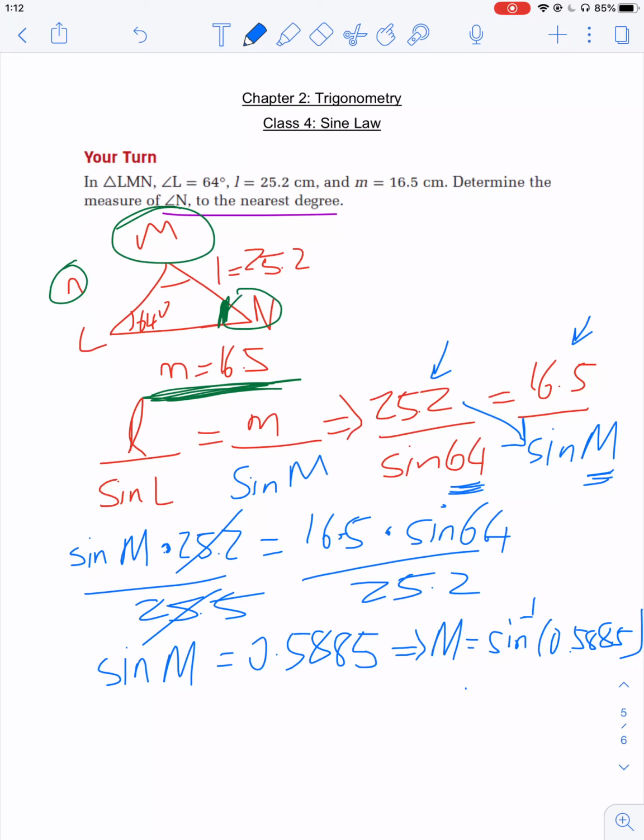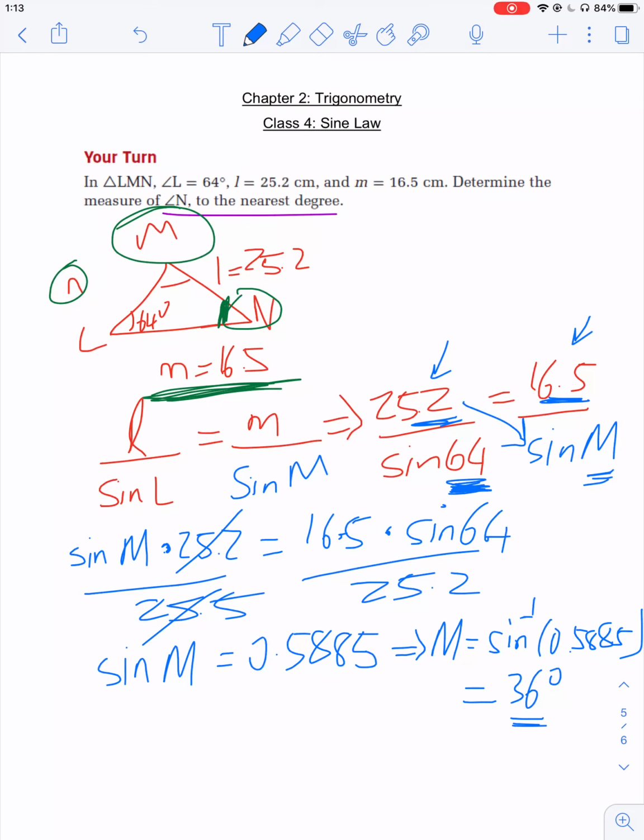Because it's to the nearest degree, sine inverse of 0.5885 is equal to 36. Okay, so 36 degrees. And as you can see, like I said, 36 is less than 64 because 16.5 is less than 25.2.